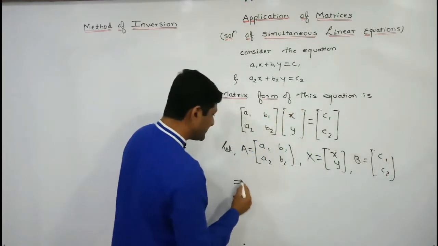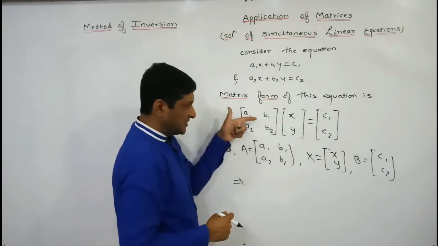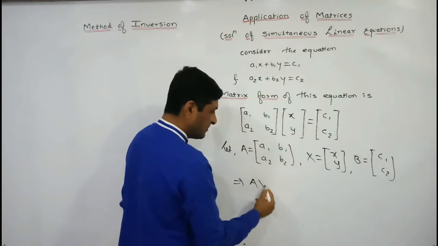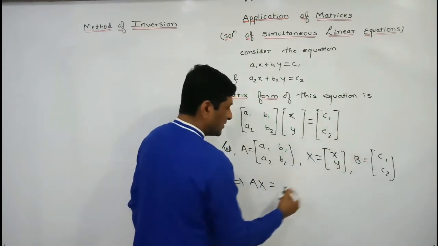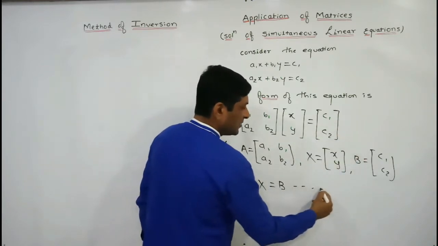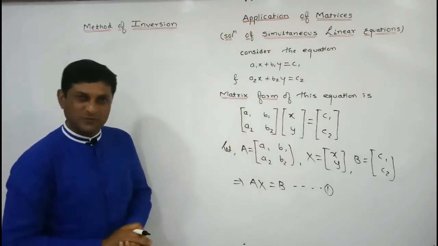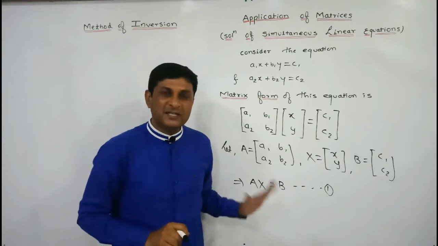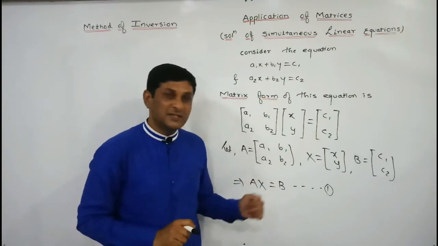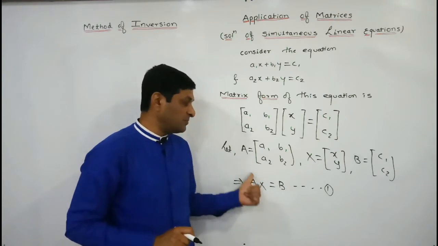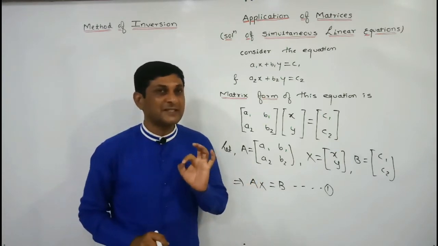So this equation becomes AX equals B. Denote this equation by equation number 1. Once this matrix form is known to us, our aim is to find the inverse of this matrix. Inverse of which matrix? A.